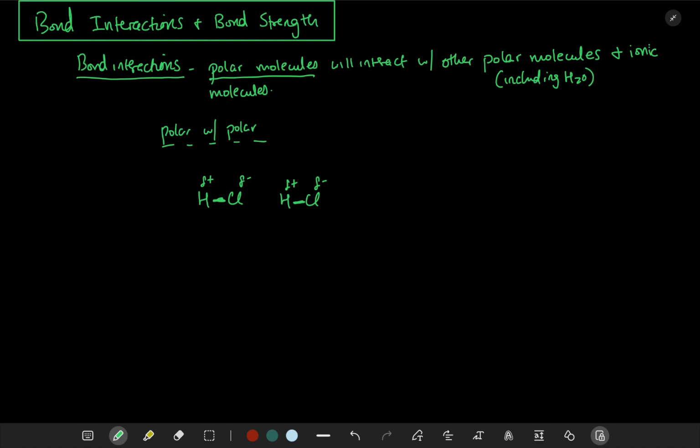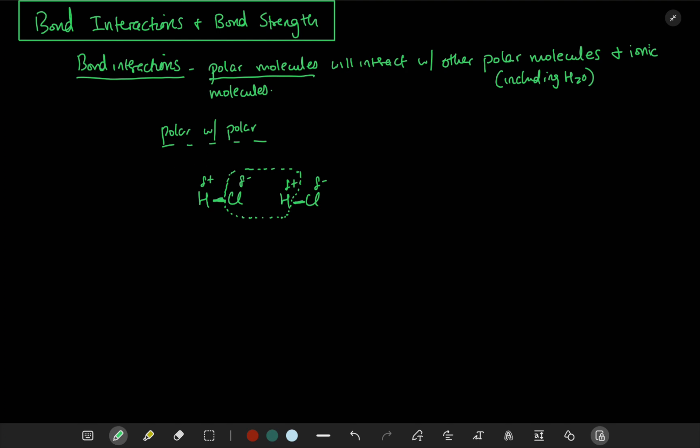Now, what happens is this partial negative charge on chlorine will be attracted to the partial positive charge on the hydrogen atom, right? And so there is some level of attraction, some sort of attractive force. This is how polar molecules will interact with other polar molecules.